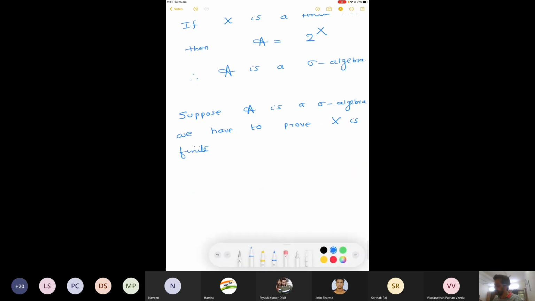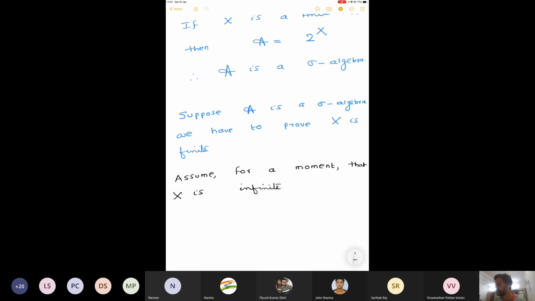Assume for a moment that X is infinite, so I am going by contradiction. X is infinite, maybe countable, maybe uncountable. What I want to get as a contradiction is that then script A cannot be a sigma algebra. That means one of the conditions required for a sigma algebra will be violated.